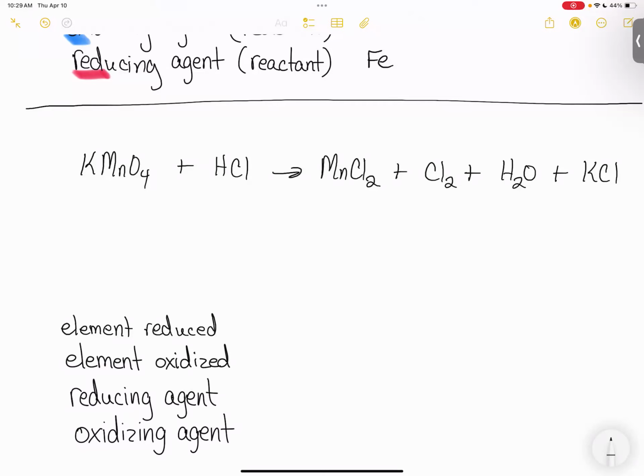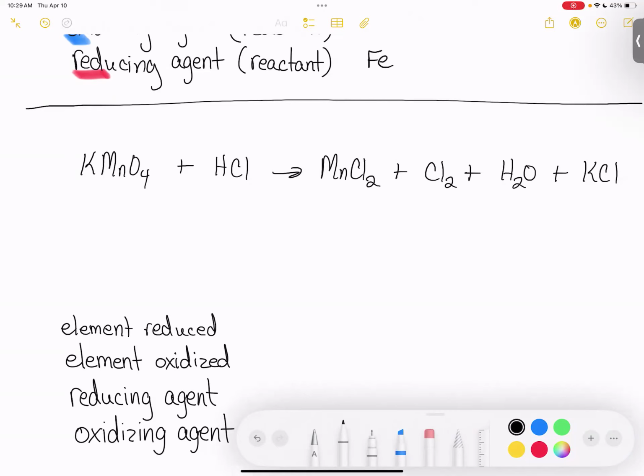To be able to do so, you've got to be ready to assign oxidation states. Rule number 1. And folks, I keep going back to these rules. Rule number 1, elements in their standard state are 0.